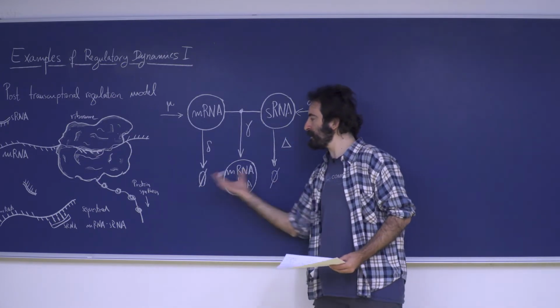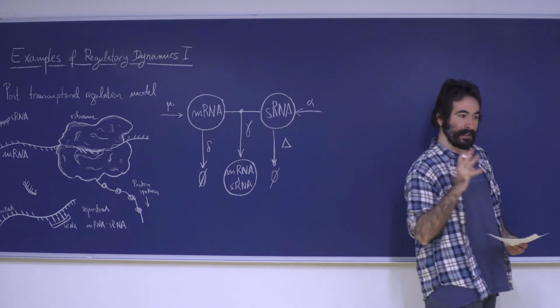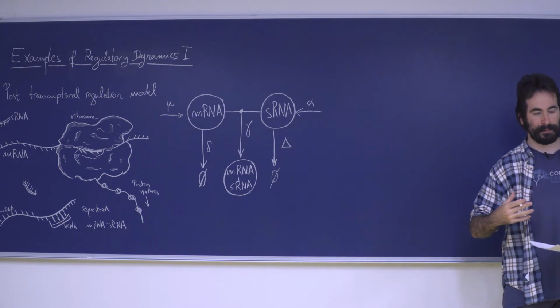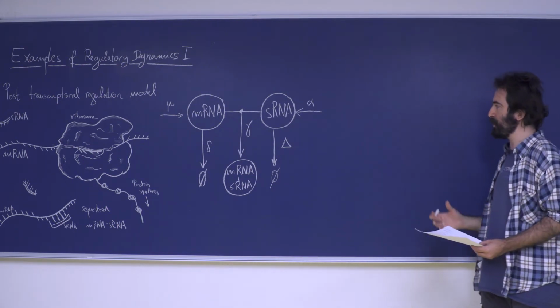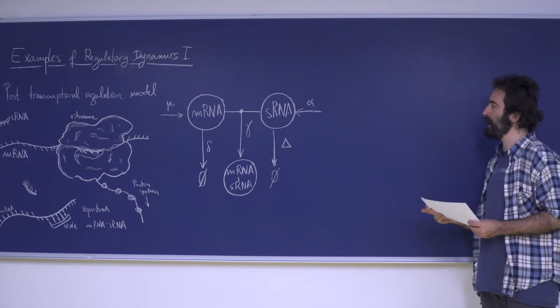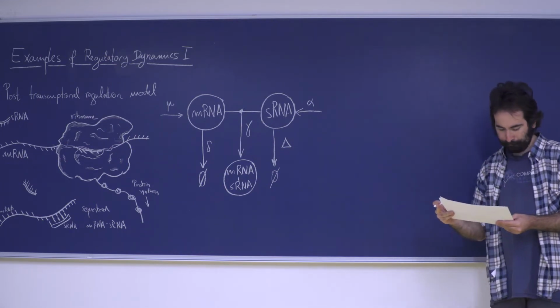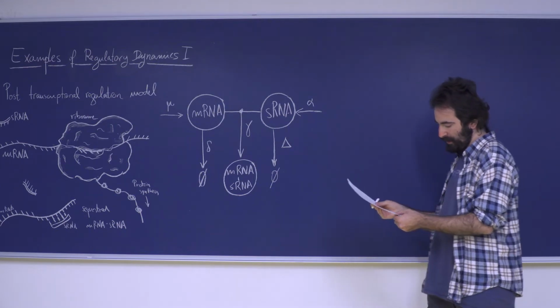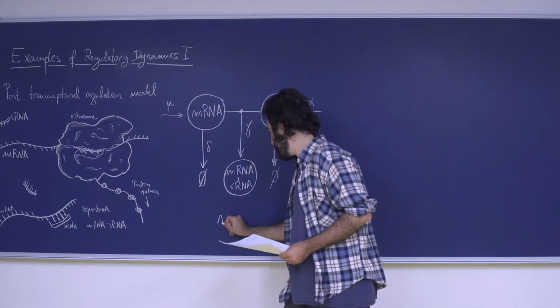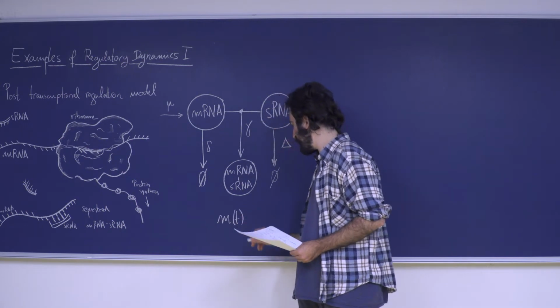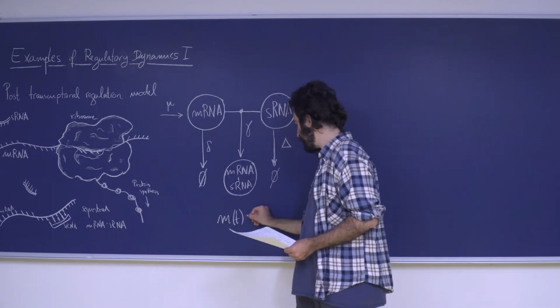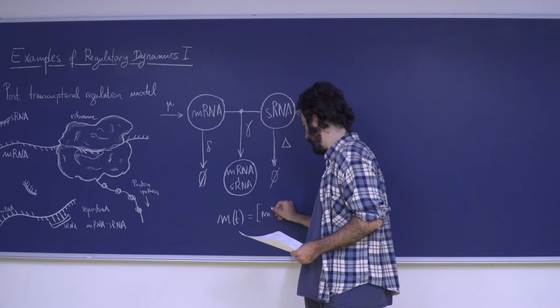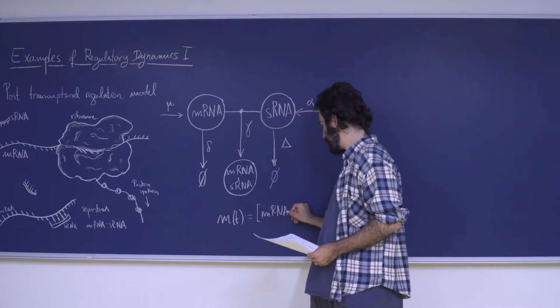And this is a very, very simplified mapping, but yet it'll give us some very good intuition on how this can evolve dynamically. In order to make things a little bit easier, let's say that m of t, a variable that I'm just invoking now, is going to be the concentration of mRNA over time, just for simplicity of notation.